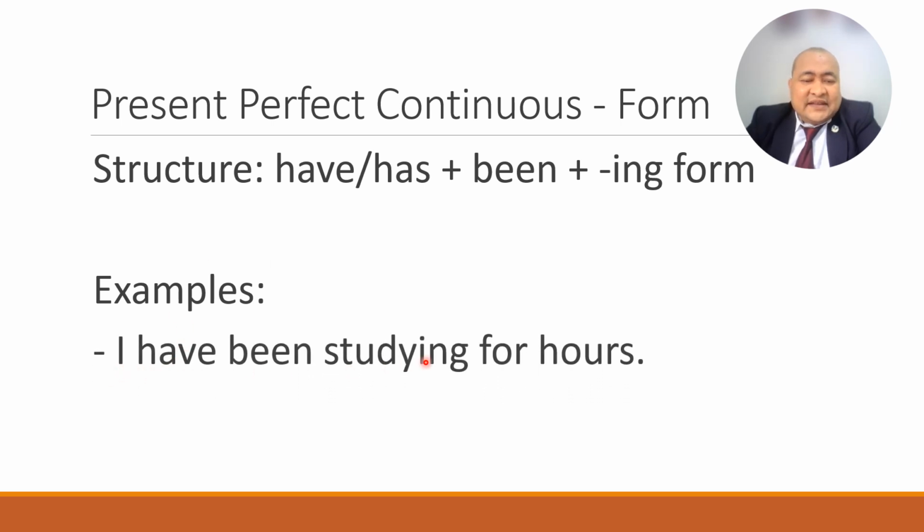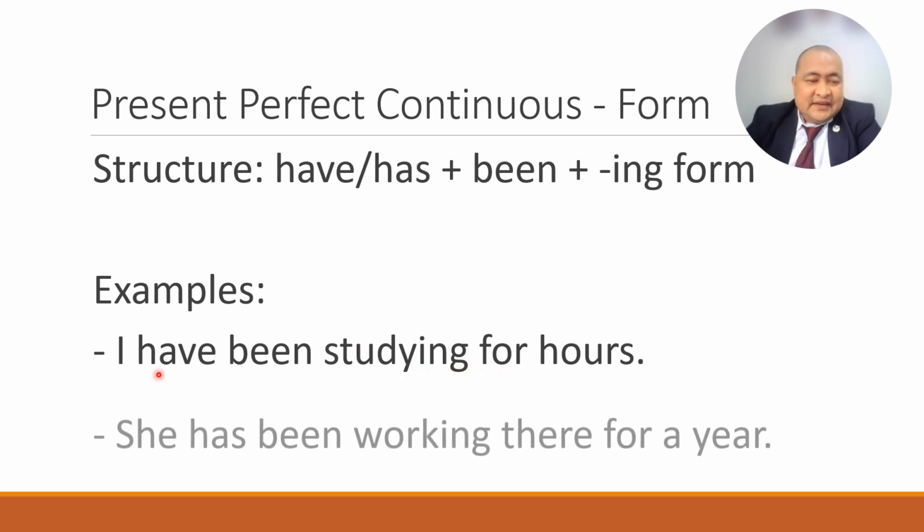I have been studying for hours. I is the subject, so the auxiliary verb uses have. I have. And then been, and then the ing form of the verb, study plus ing, so studying. I have been studying for hours.